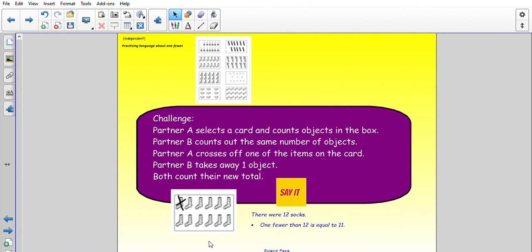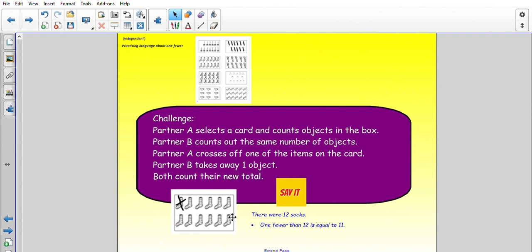How many are left? 2, 3, 4, 5, 6, 7, 8, 9, 10, 11. You're right. Now you've got 12 objects, so you need to take away one of your objects as well. So how many objects have you got left? 11 as well. Well done. So we've both counted our totals. We've got 11 on our picture and 11 in our objects.